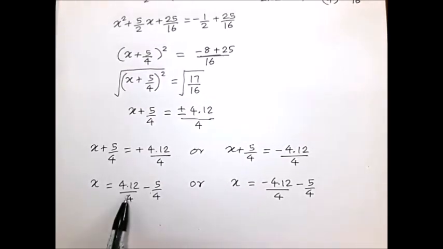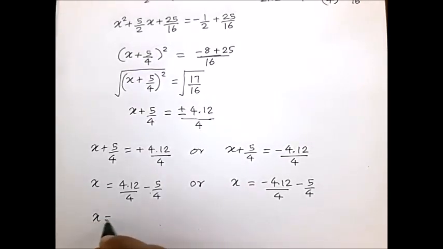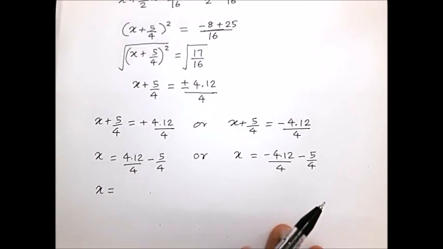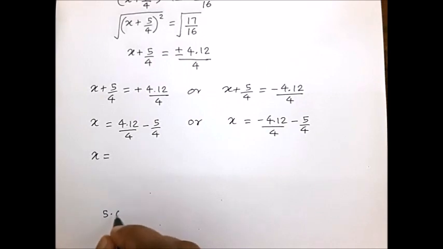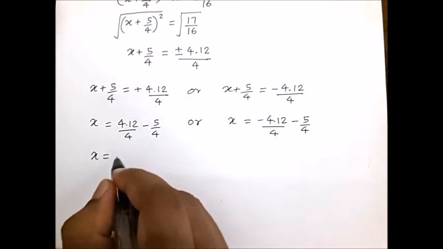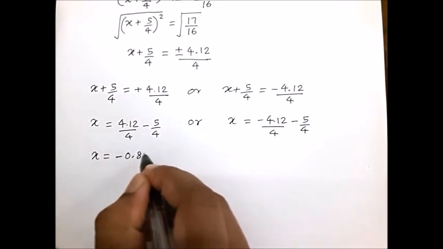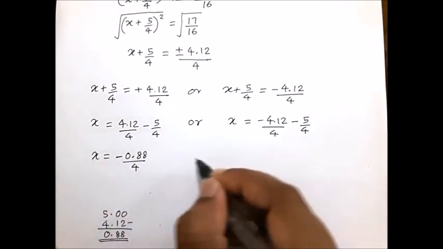Now here the common denominator is 4. You have to subtract these two values. 5 minus 4.12. It is 0.88. Then here the sign of the larger one is minus, so minus 0.88 over 4.